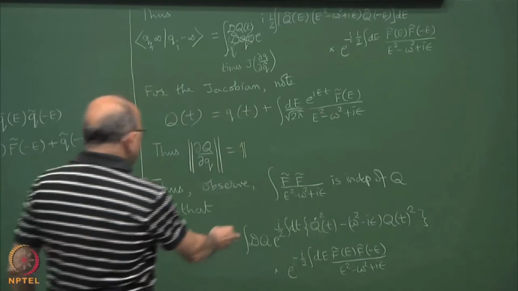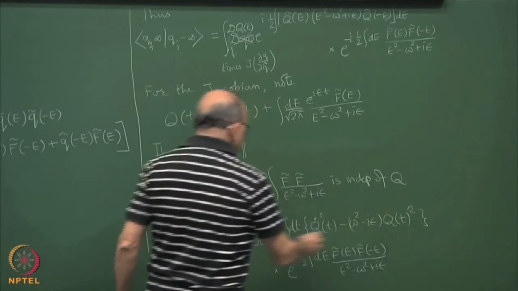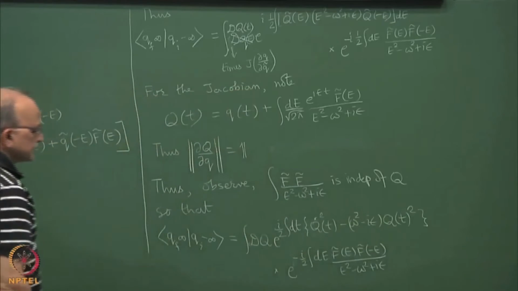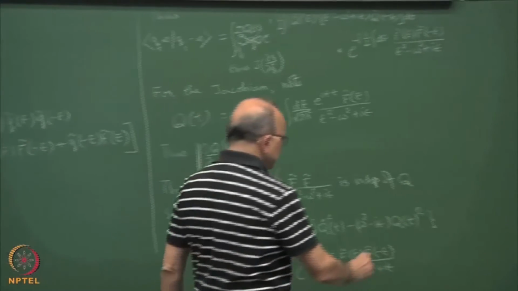This front factor is simply seen to be the answer when the forcing function is 0.